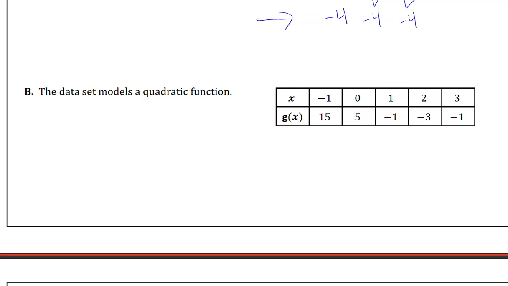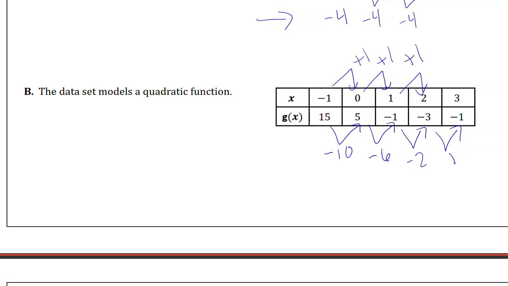Now, if we look at letter B, we can see that the x increases by 1 each time. But as we look at the y values, this one decreased by 10, this one decreased by 6, this one decreased by 2, but then this one increases by 2.